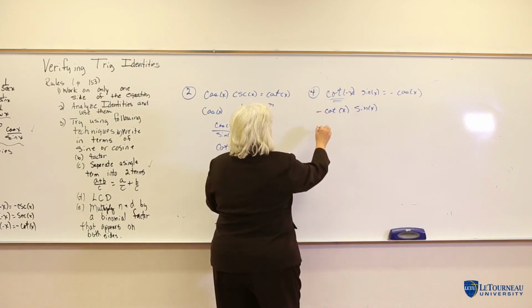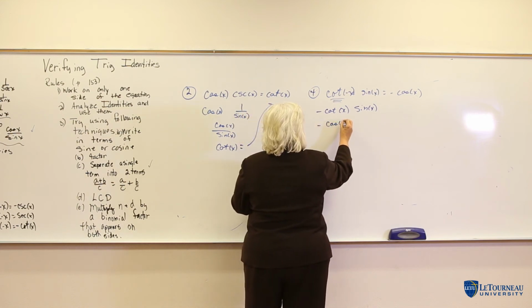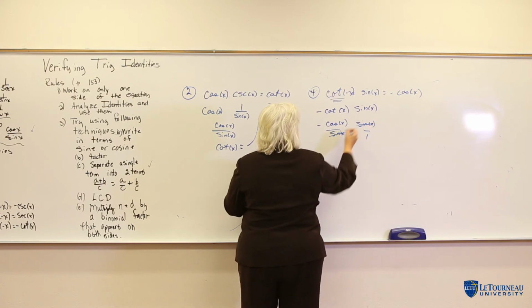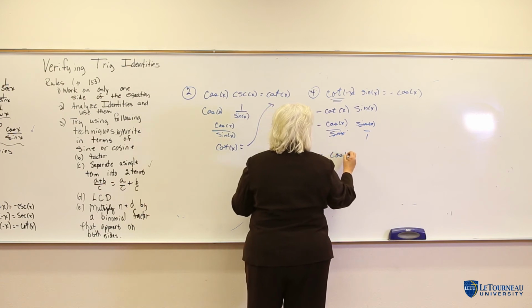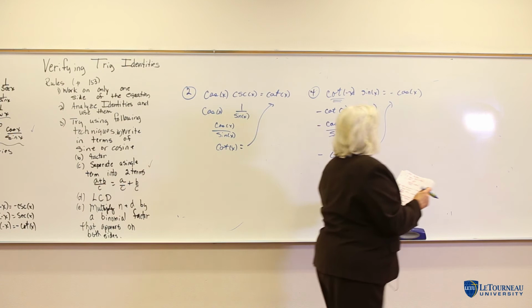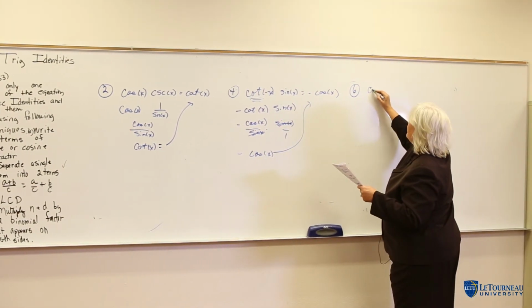So I'm going to rewrite this as a negative cosine over sine times sine over 1. Those cancel. That leaves me with negative cosine x, and you have verified it. Done. Number 6.